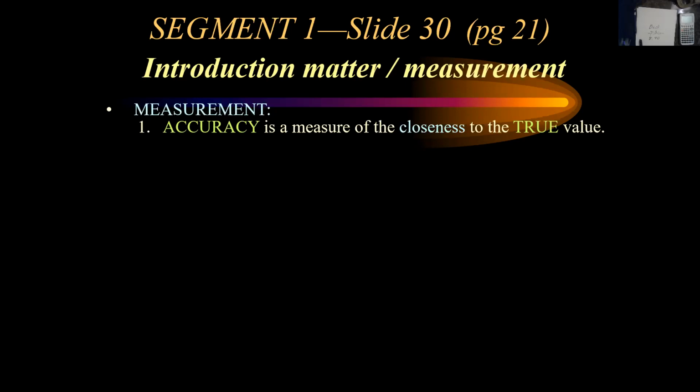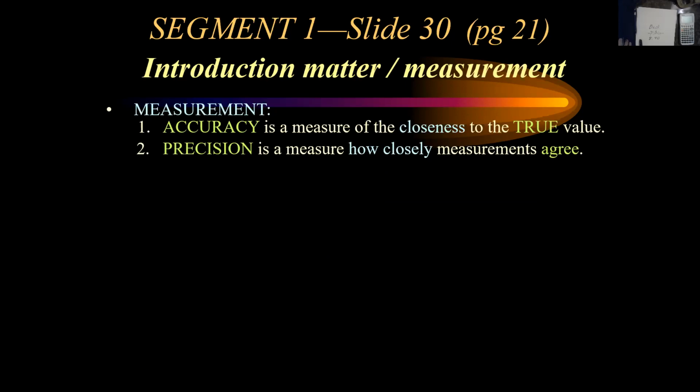So you can never really know the accuracy of a measurement unless you already know what the true value is, in which case I wouldn't measure it. I just take that true value. Okay. Precision, though, is how closely your measurements agree with each other.